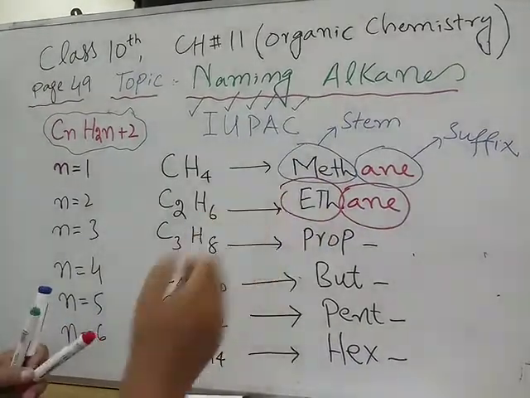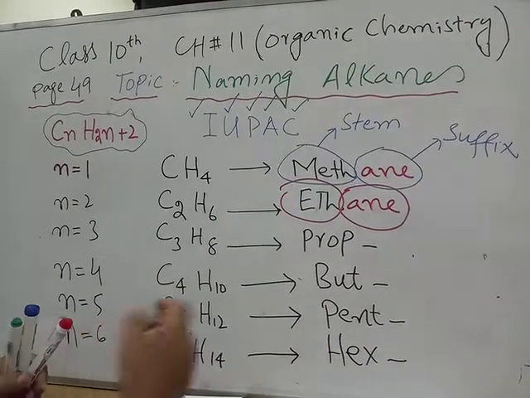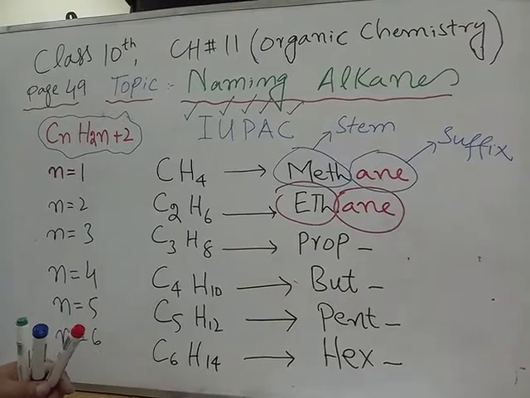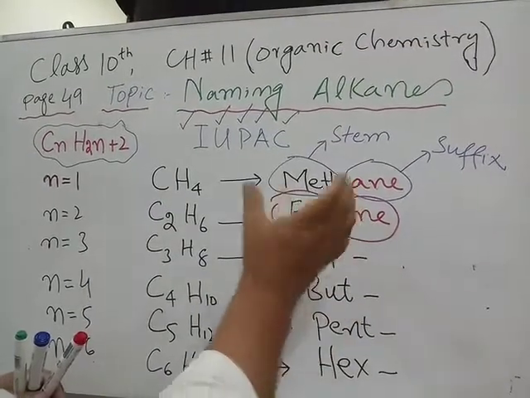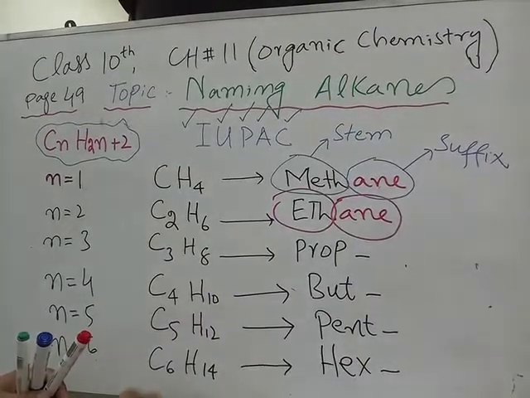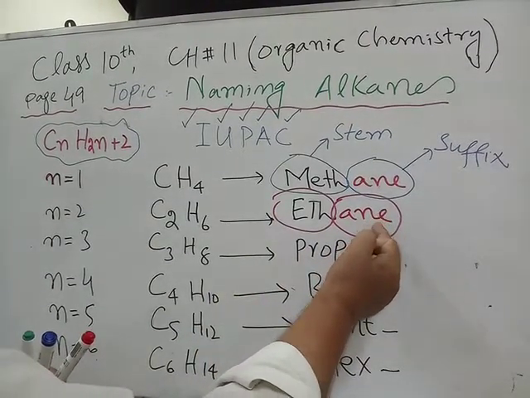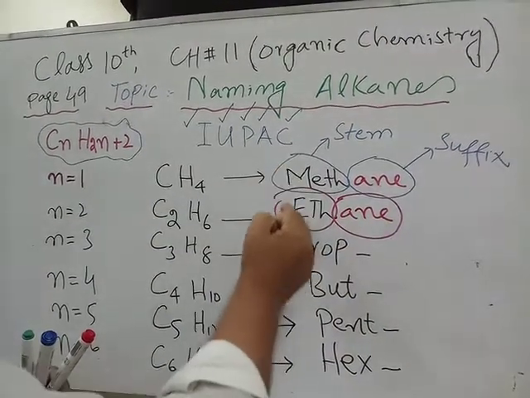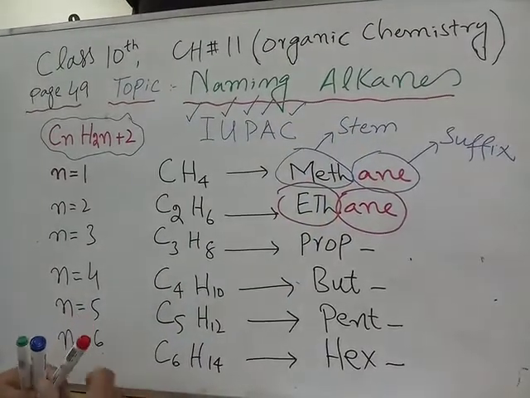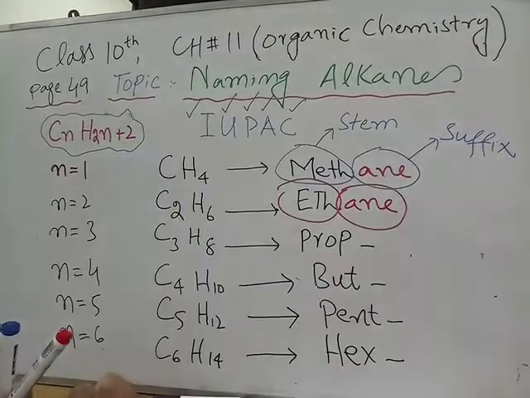The prefix part shows the number of carbon atoms, while the suffix part shows us the class of compound. Here ane represents that this compound belongs to the family of alkanes. So this represents the class, and the prefix part, also called the stem, represents the number of carbon atoms.